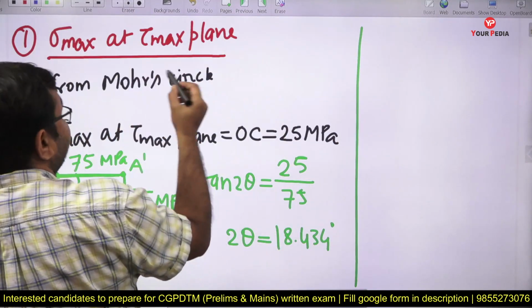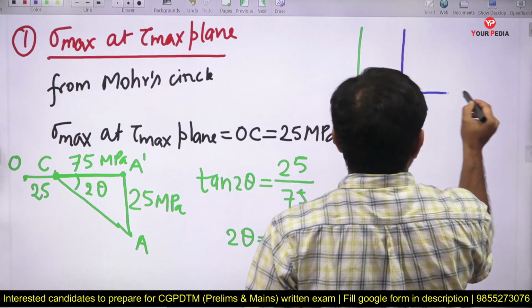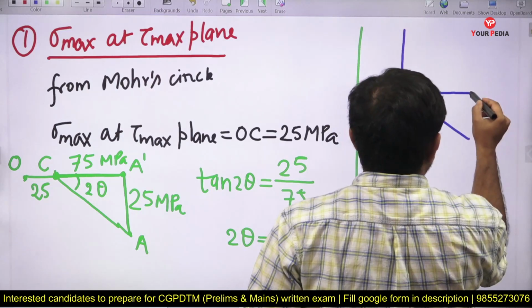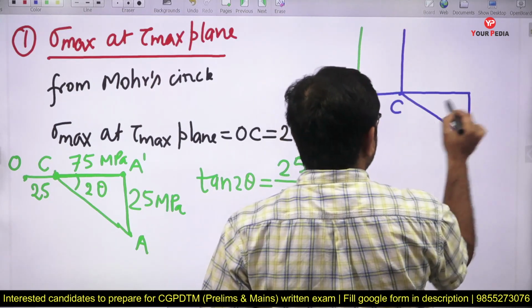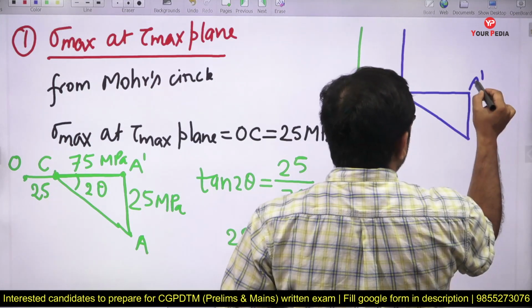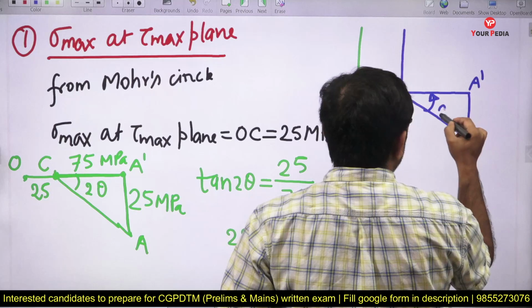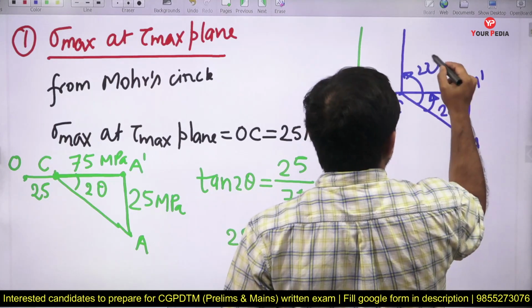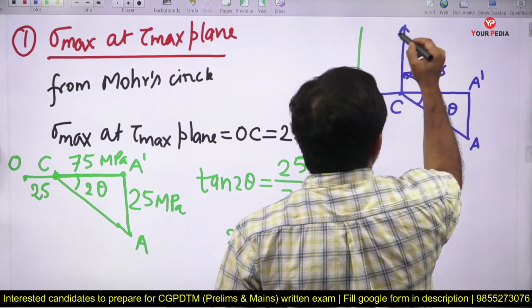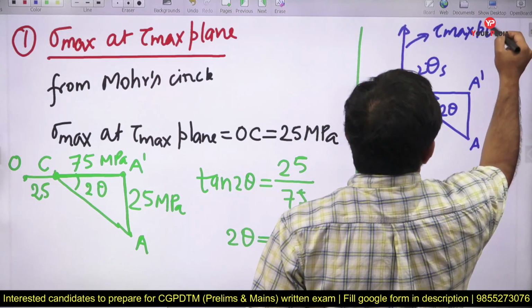You can see this is the tau max plane, yes or no? We have a figure like this. This is origin, this is center, this is A prime, yes or no? And this is A, and this angle is 2 theta and this angle is 2 theta s, yes or no? And this is the tau max plane, yes or no?